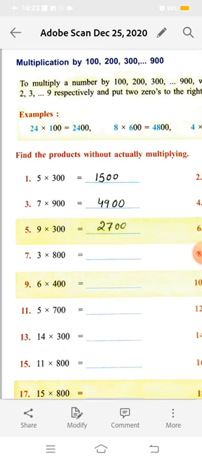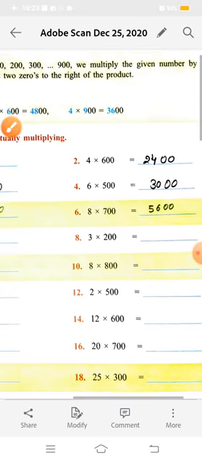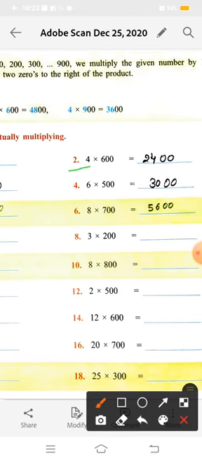Now the second number here is 4 multiply 600. Okay, so now what will we do? We will multiply 4 multiply 6. Okay, so 4 sixes or 6 fours are 24. Okay, now again put 2 zeros to the right of 24.